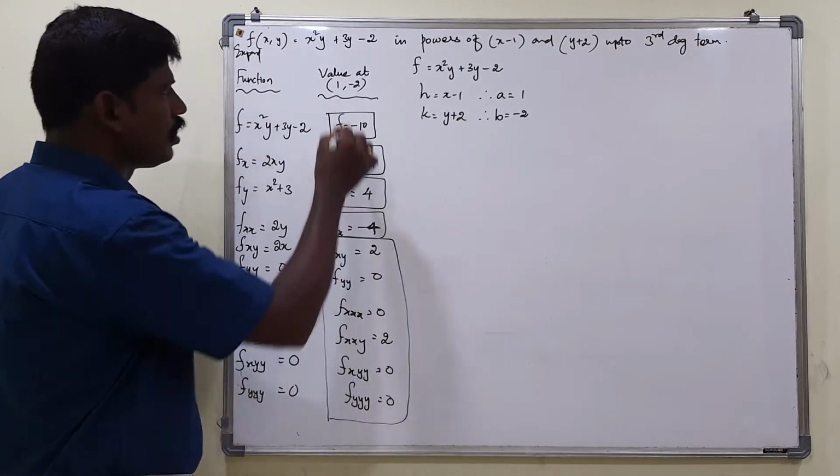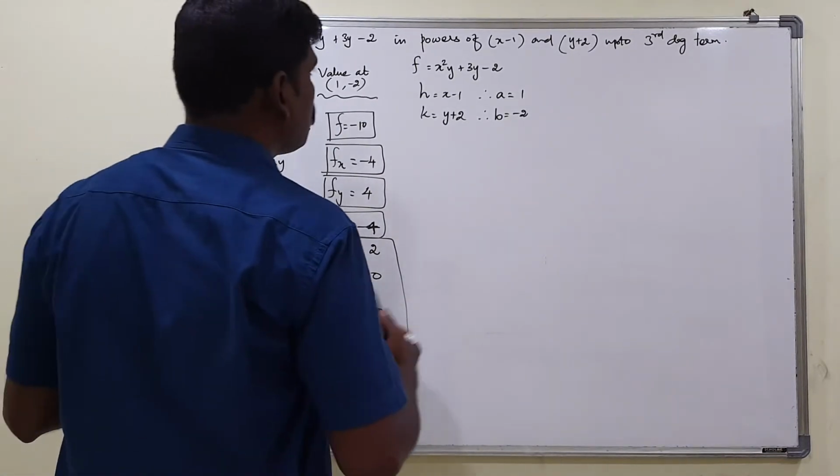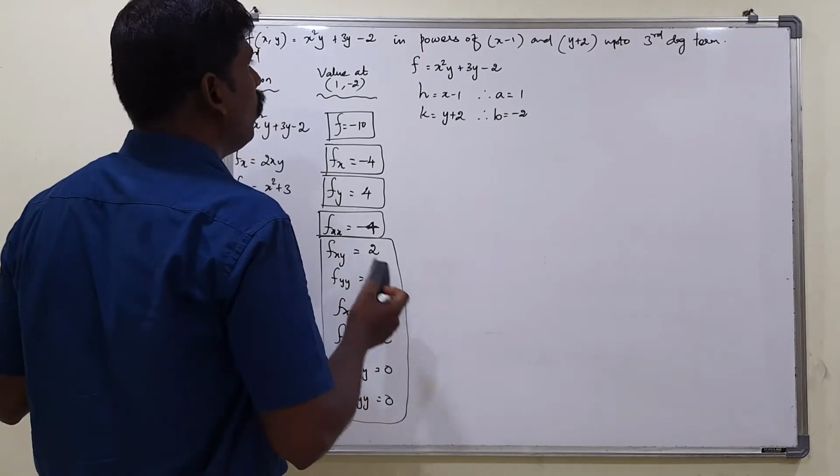Now I am going to substitute all these values into the Taylor series expansion formula to get the expansion in powers of x minus 1 and y plus 2.